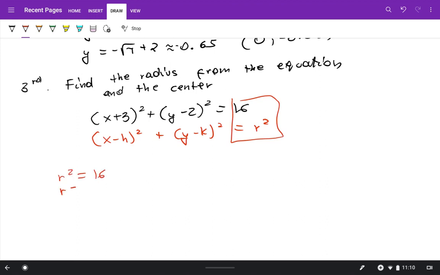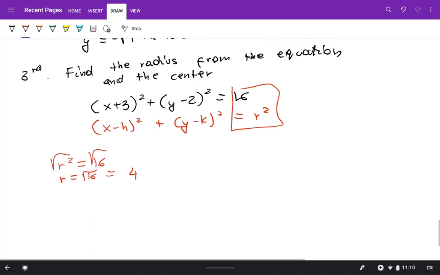That means the radius is equal to the square root of 16, which is 4. And again, since we're talking about radius, I'm not putting negative 4. Radius represents the distance, so your radius can never be negative, because there is no sense in a circle having a negative radius. That's why when I'm taking the square root of a number, I'm only putting positive.